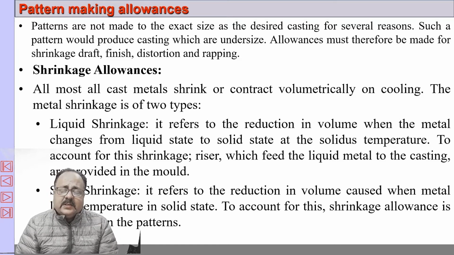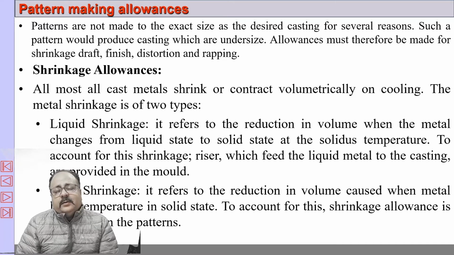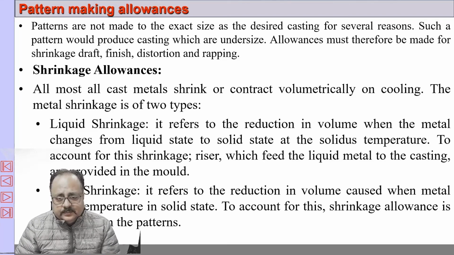Now there is a problem associated here, because different metals have different shrinkage allowances. Because of the properties of the metal, different metals will shrink at a different rate and different amount. So therefore, there are certain charts available in metal casting handbooks, where it is given that this much allowance you should keep in the pattern, so that when the solid shrinkage occurs, it shrinks and comes to your required size.